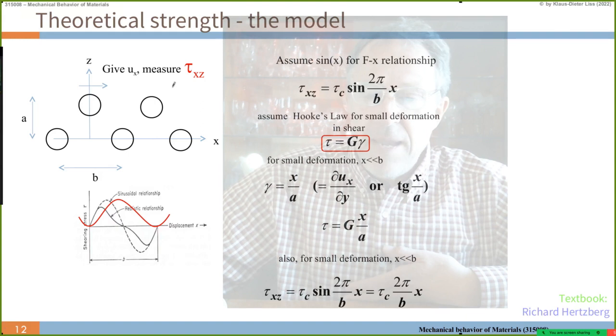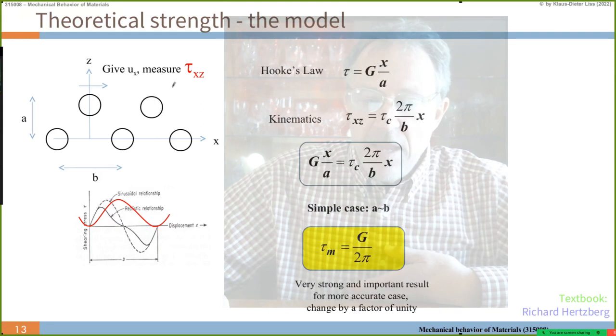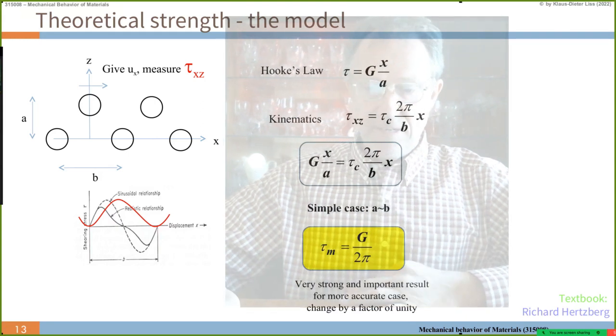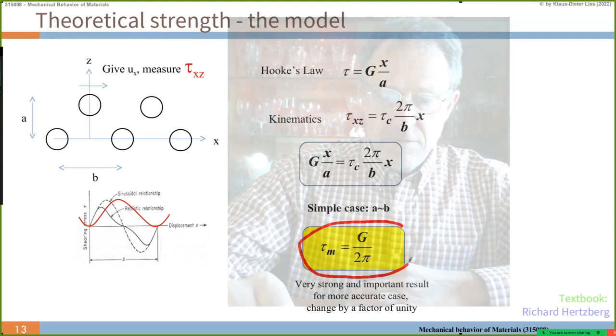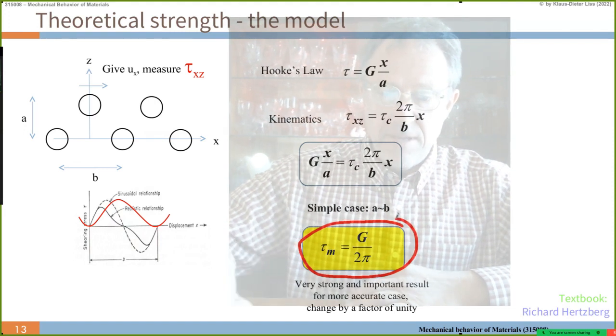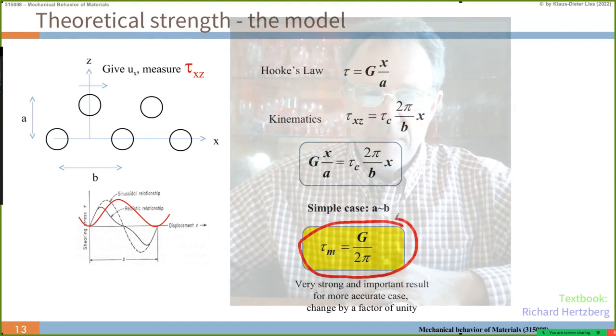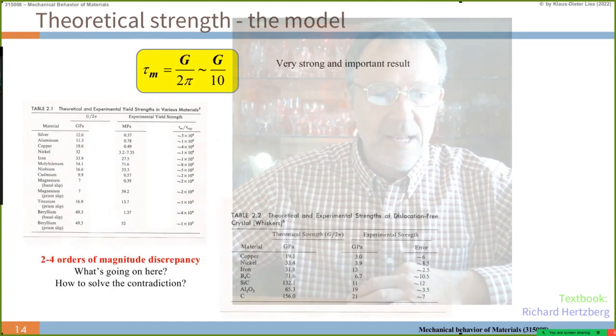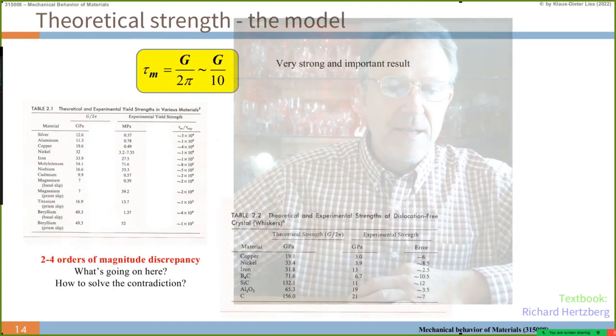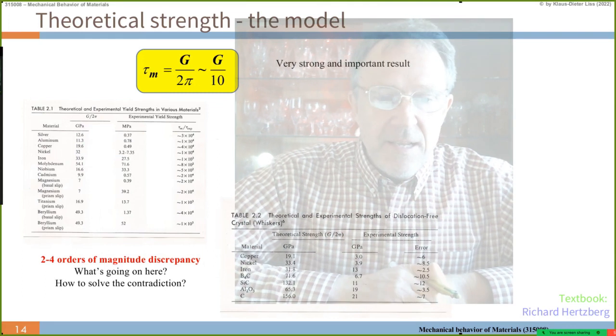By estimates and approximations, we got a theoretical strength for the shear stress, which is G over 2 pi, where G is the shear modulus. We know G is in the many-gigapascal range, and that gives us this table.